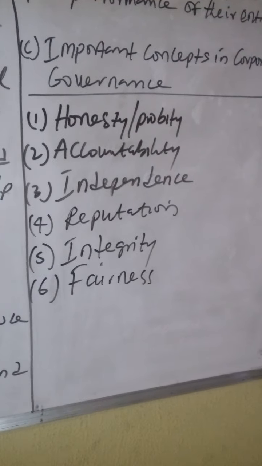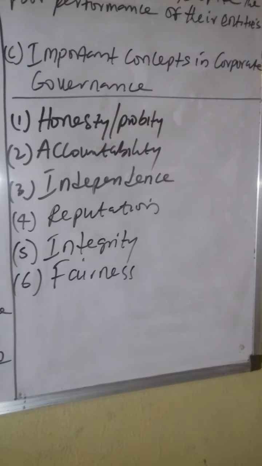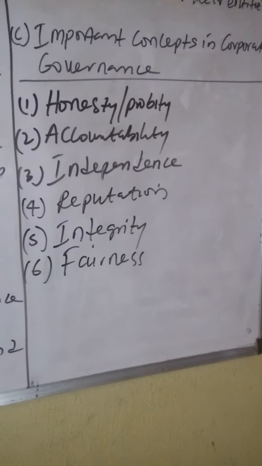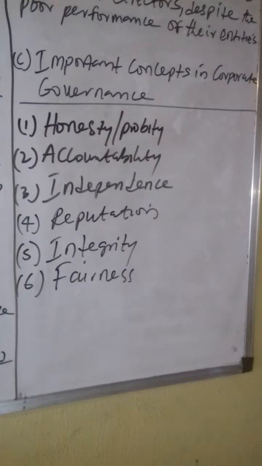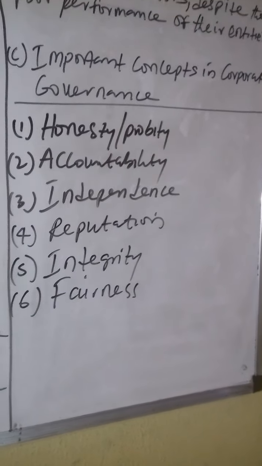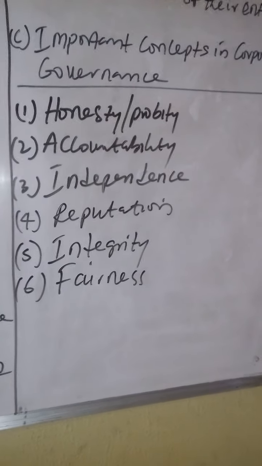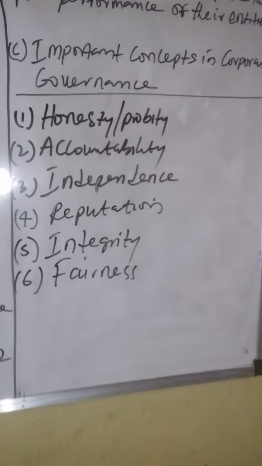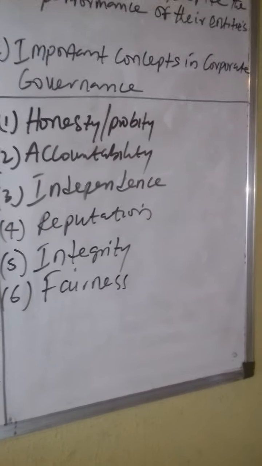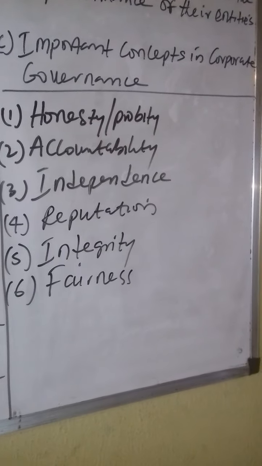So, if that happens, the independent or non-executive director has right to challenge or query any wrong spending. Some companies, some banks that collapsed in Nigeria, one of the errors they committed was that their former MD was the head of audit committee. And that implies that there will be no query on wrong spending. The company collapsed. Listen very well. Where there is no corporate governance, the business will surely collapse.